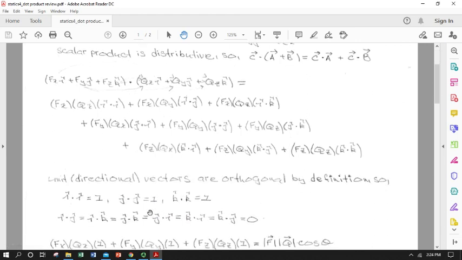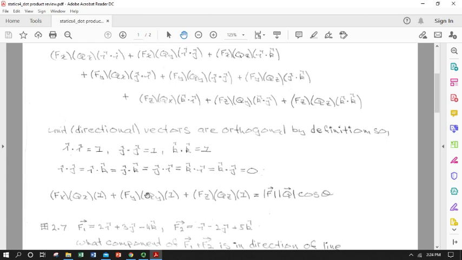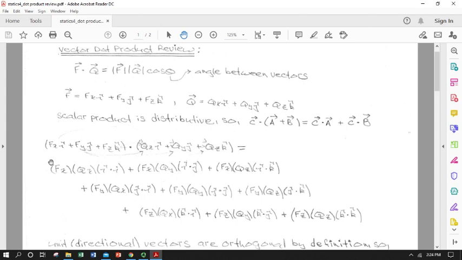So that's basically a shorthand way, and this is a little guide here. All of these other dots are 0, but only the like ones are 1. So you retain the like terms being multiplied and add them up. So that's the definition of the dot product, also known as the scalar product.